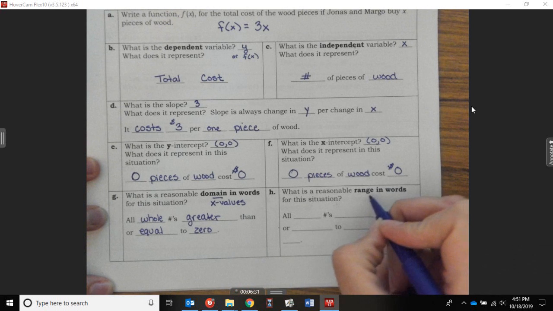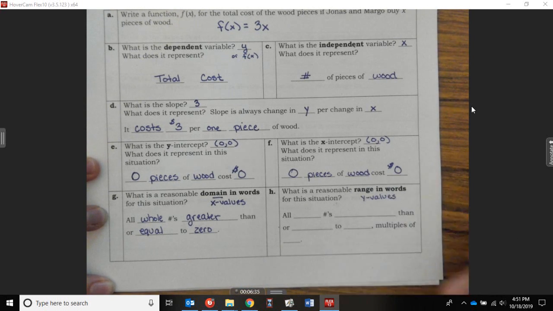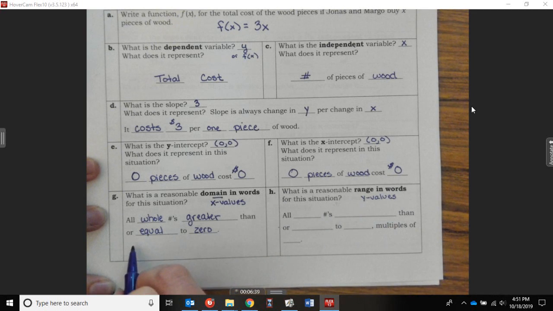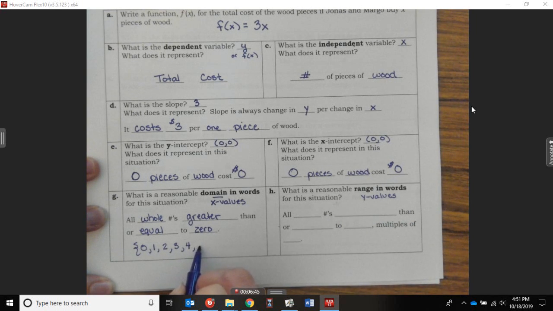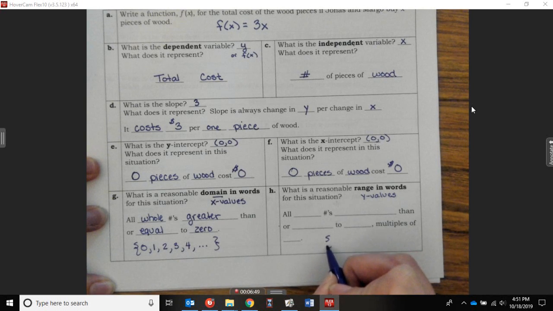The range is your y values. Remember we have to match up. So if my x values start at 0 and get bigger, then my range has to match up. If I have 0 pieces, that costs $0.